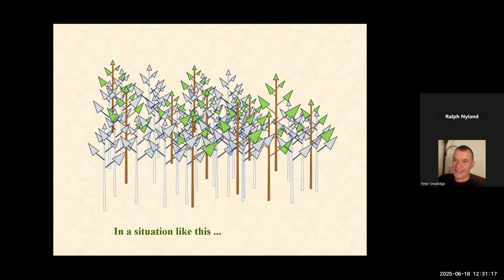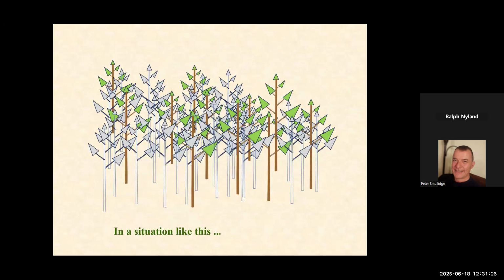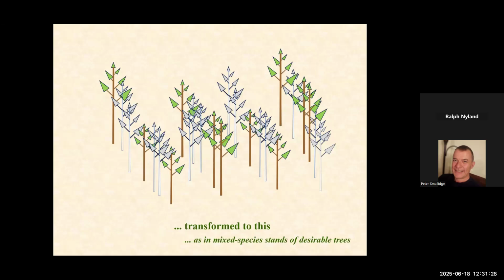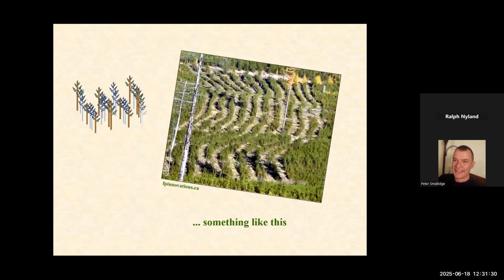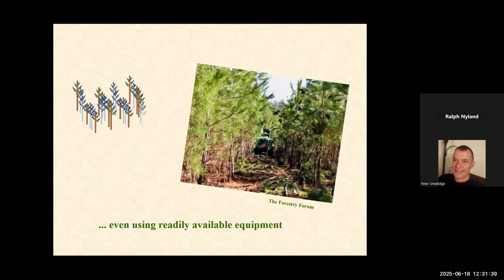So you start with a situation like this, transform it to this, make it look like a plantation, starting with this, ending up like this, or this in Western conifers. You can mechanize this easily to reduce the cost, even using readily available equipment like this skidder. You just need to push over the trees. You don't need to uproot them or sever them.